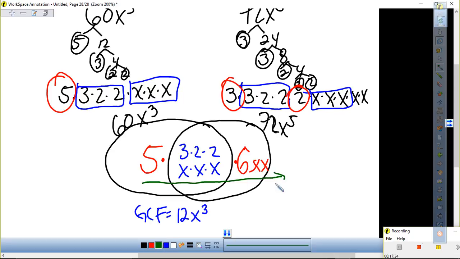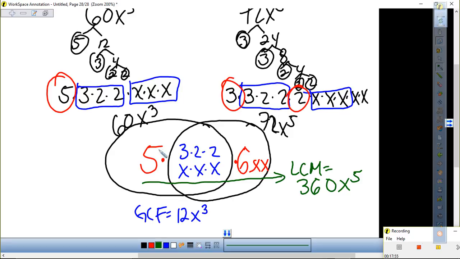Is that correct? LCM. So let's see. What is 5 times 3 times 2 times 2 times 6? 360. What is x times x times x times x times x? X to the 5th power. How can we check our work?